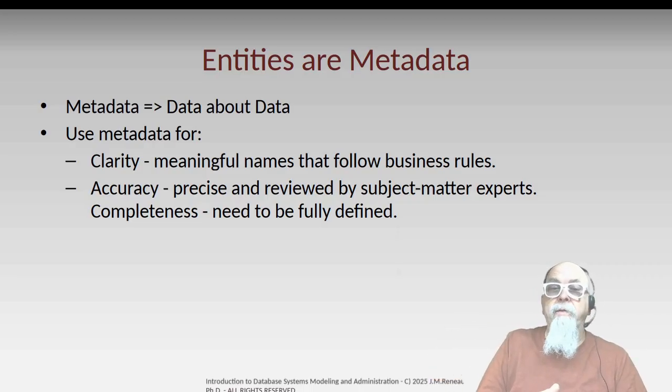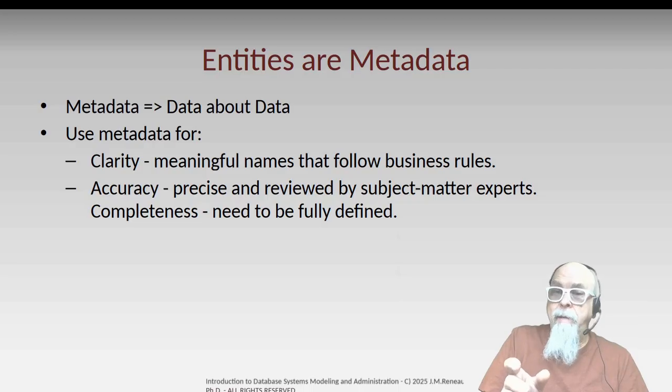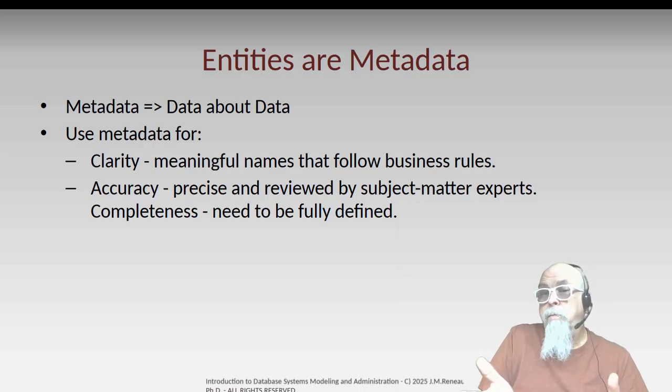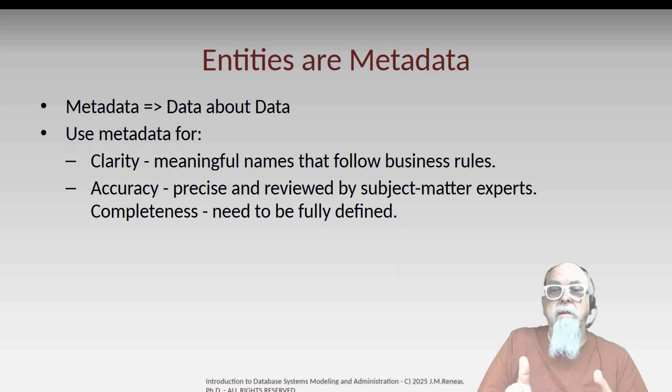We use metadata for clarity by adding meaningful names that follow the business rules and standard understanding in the language you're using, usually English, in the context of this video and this book at this point. Also, metadata makes sure that we're accurate, because if we all have the same data about data and we all agree about the same data about data, then we're complete. We can communicate, and we can keep things understood.